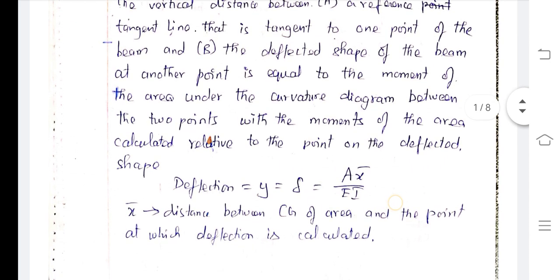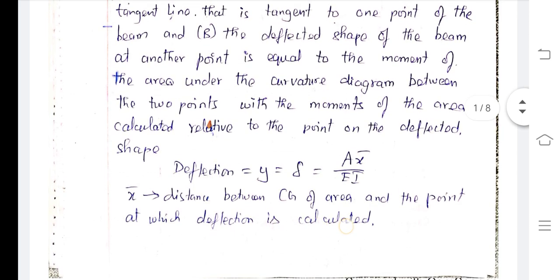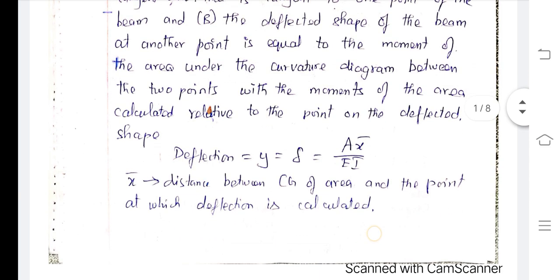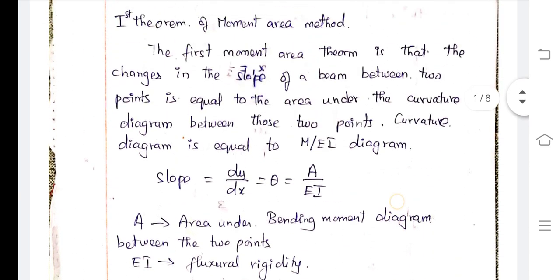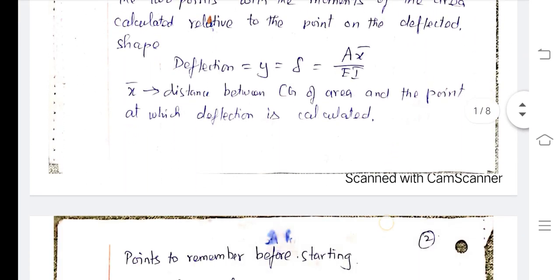Deflection is equal to A x bar by EI, where x bar is the distance between CG of the area and point at which deflection is calculated. So these are the two definitions. Only based on these two we are going to see this method.